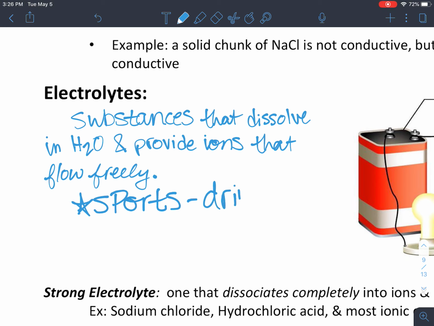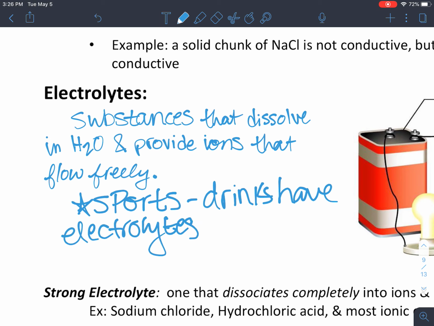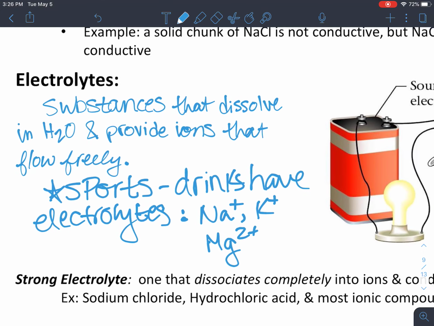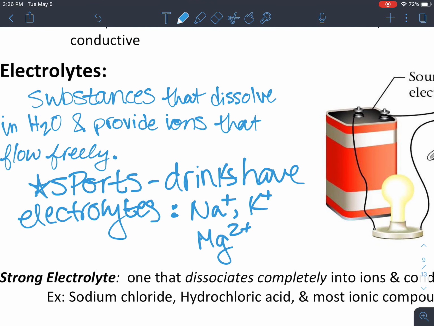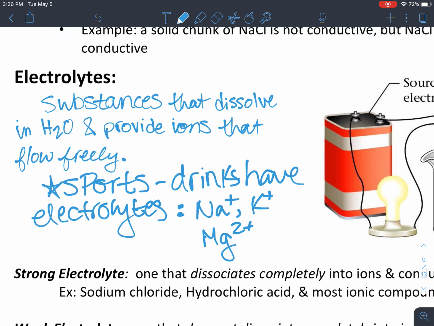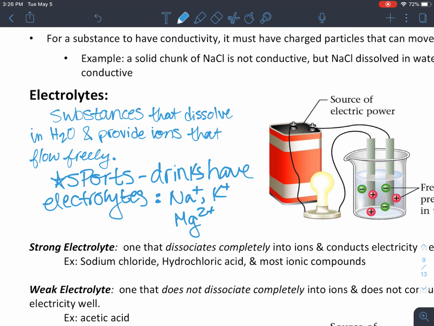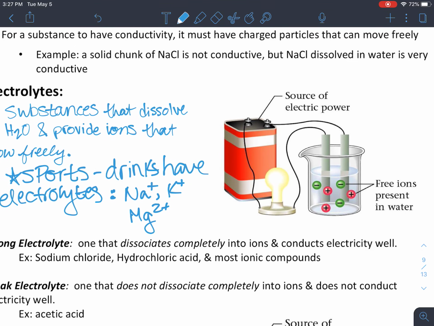I'll just put: drinks have electrolytes. Some examples would be sodium electrolytes, or maybe potassium electrolytes, maybe magnesium. Those would all be in sports drinks that help replenish the ones that we've lost.